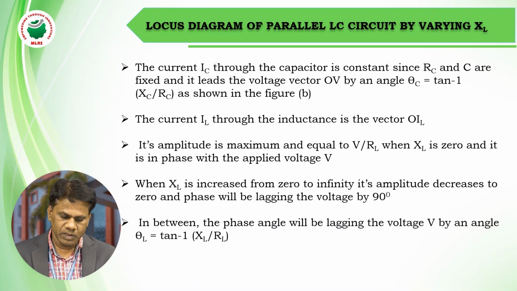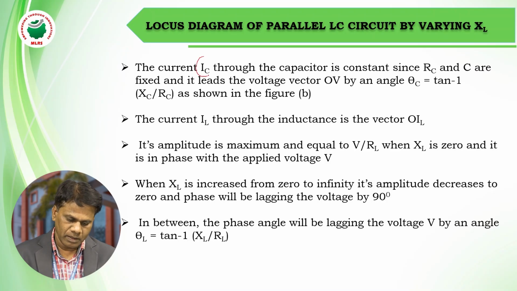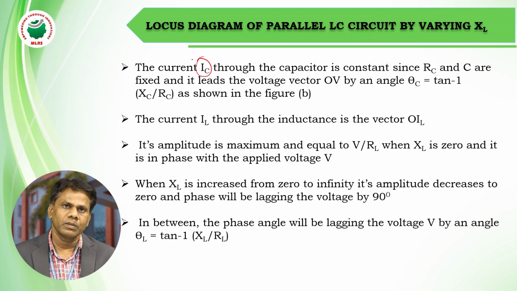As we know, the current flowing through the capacitor, IC, is constant, because RC and C are fixed.